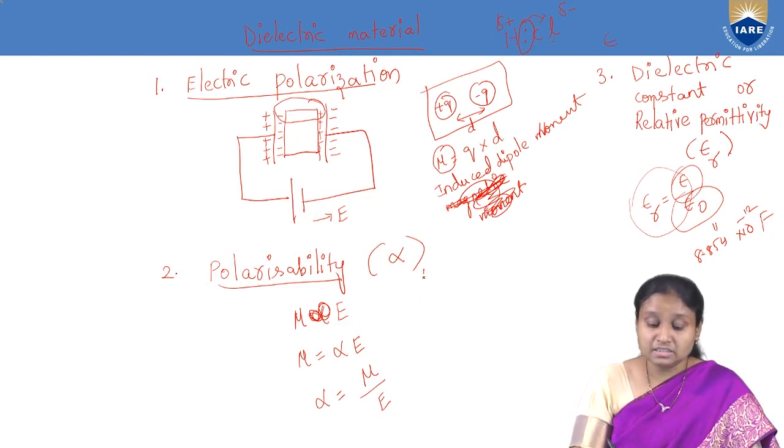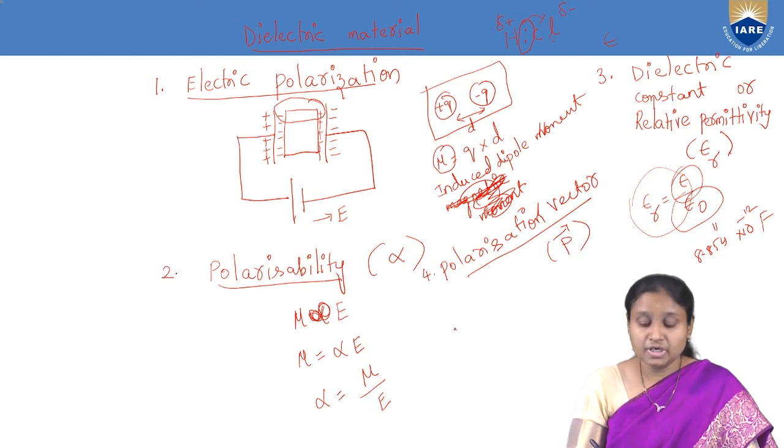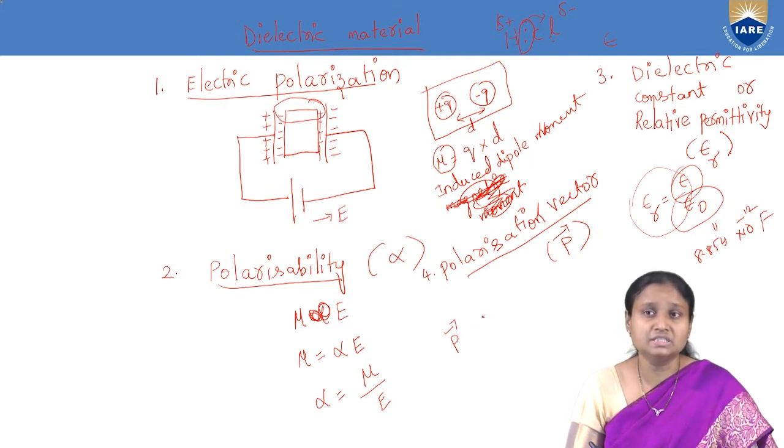Then coming to the next term, the fourth term, we have the polarization vector. How are we going to define it? It is generally given by P with an arrow on top. Here also, the same concept applies: it is taken to be proportional to the electric field strength.